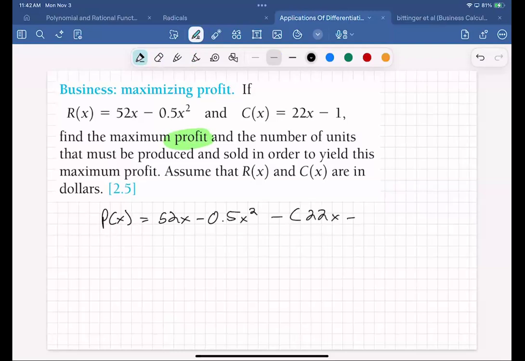Now be careful with your parentheses here. We're subtracting the entire cost function. So 52 minus 22, what's that going to give us? 30. Something that looks like this.